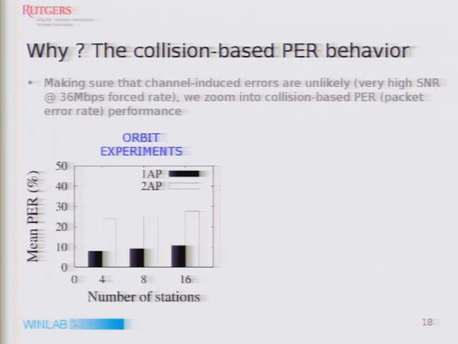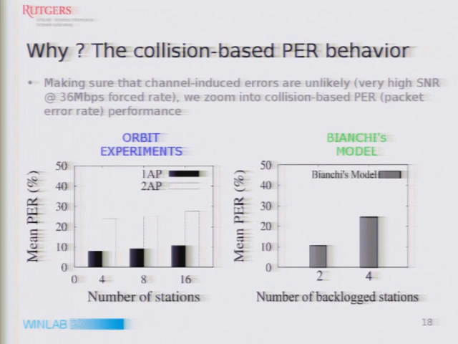And if you look at this, it's actually changing with the number of access points, not declining. If you were to take Bianchi's model and look at the number of backlogged stations, it looks like for the single access point case, you have two backlogged stations, at least collision equivalent to that. And for the two access point case, it corresponds to 4. And this relation goes on.